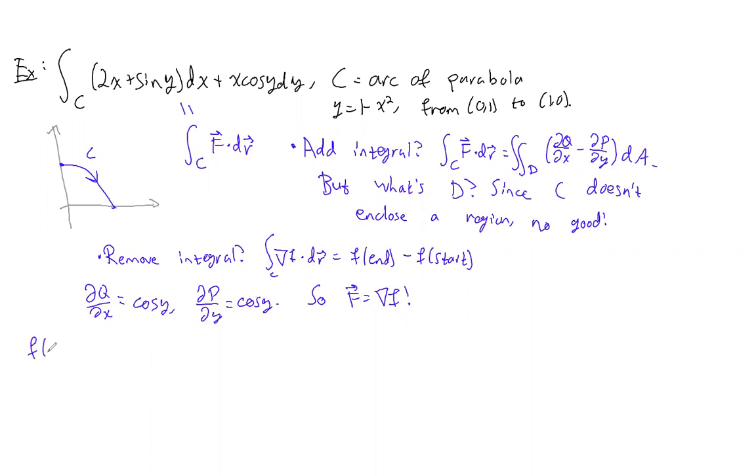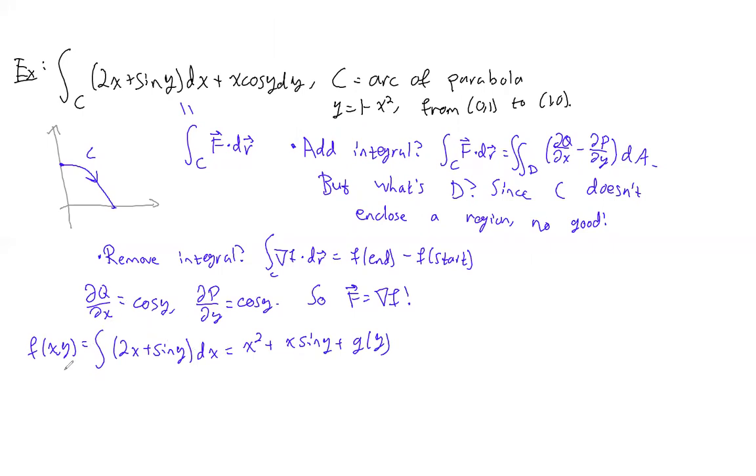Well, we know that f(x, y) has to be equal to the integral of 2x plus sine y dx. But that is x squared plus x sine y plus some function g of y.